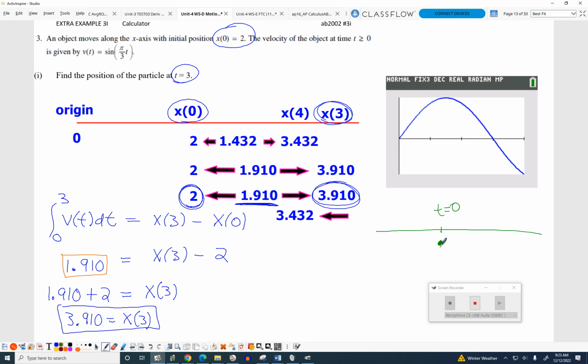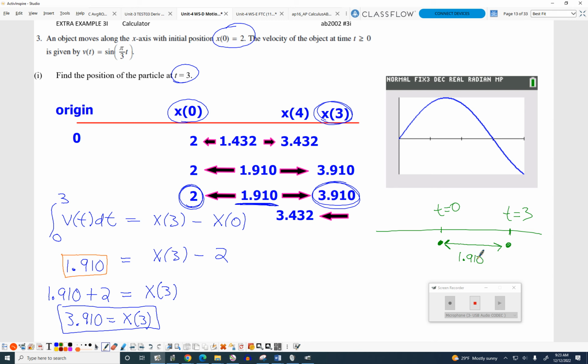At time equal 3, the object is somewhere else because the object moved. And this number tells you how different those two locations are. So the space between those two locations is 1.910. Are you 100% comfortable with that?